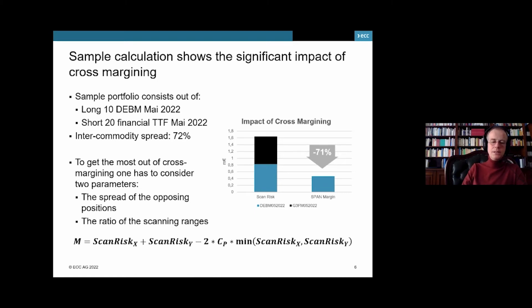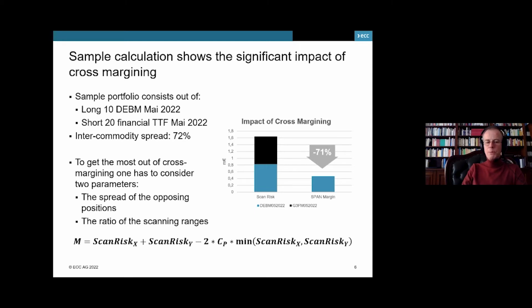So here you can see the formula from the previous slide again at the bottom. I used a portfolio consisting of 10 long positions in the German baseload, but 20 TTF positions. Why have I chosen that portfolio? So TTF is twice as high.